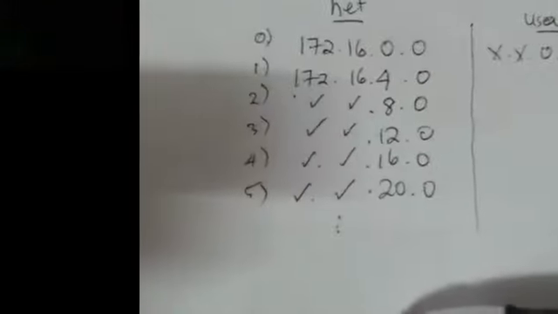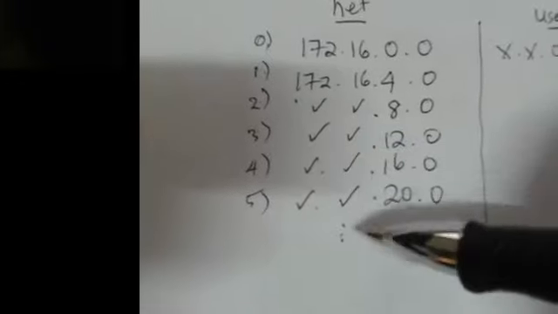We can write this all the way down to the 50th subnet, but it's just going to take up a lot of time. So what if you are given a question, what's the 50th subnet network address, usable range, and broadcast? How do we find it?